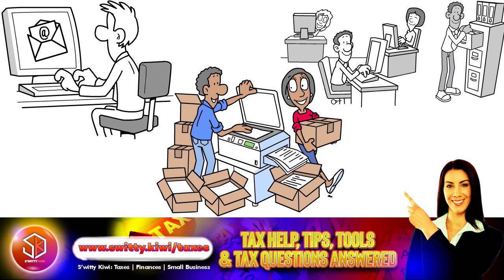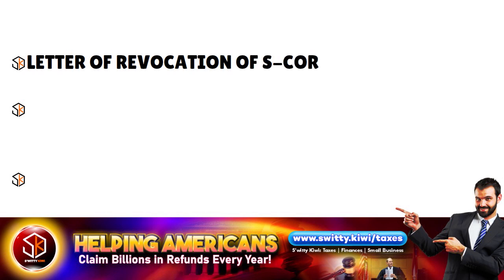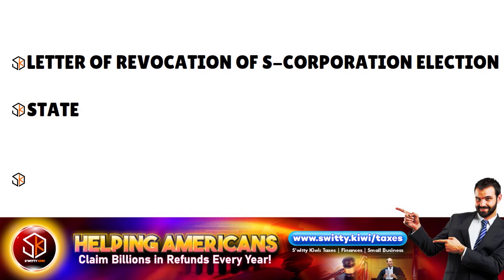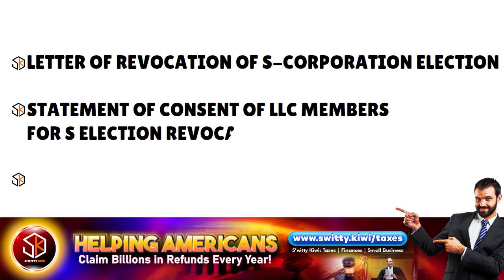This is really important. There are 3 main items. The items you need to revoke your LLC's S corporation election with the IRS are, and we're going to put this on the screen because I want to make sure that everybody gets this right: number 1, a letter of revocation of S corporation election; number 2, a statement of consent of LLC members for S election revocation; and the third one is IRS Form 8832.